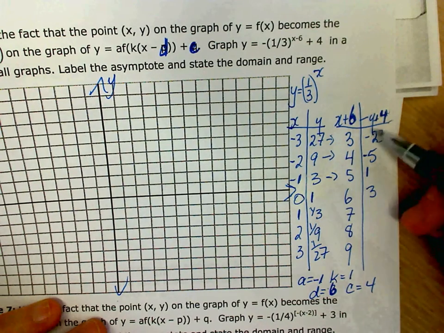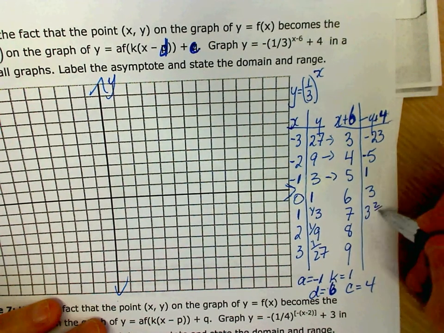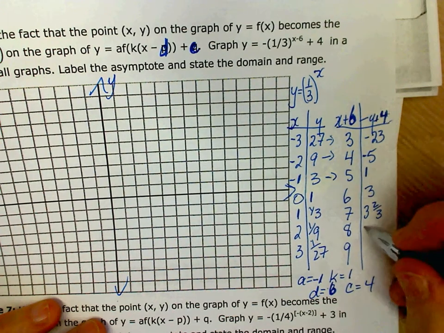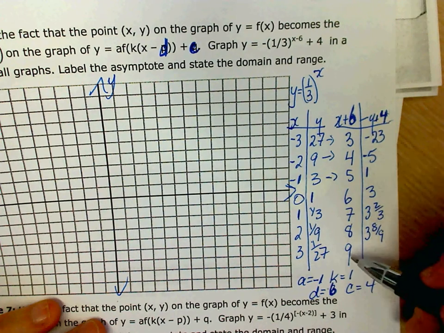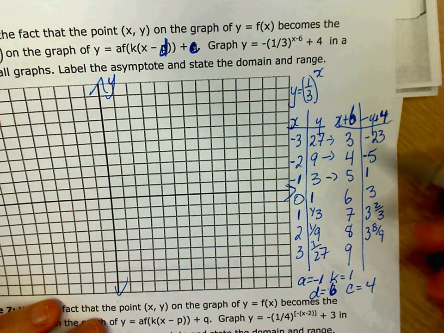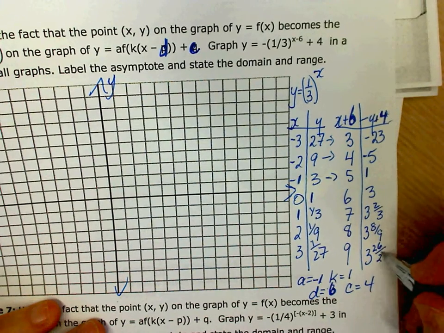Okay, now 1/3. 4 minus 1/3 is 3 and 2/3. 4 minus 1 over 9 is 3 and 8 over 9. And 4 minus 1 over 27 is 3 and 26 over 27.